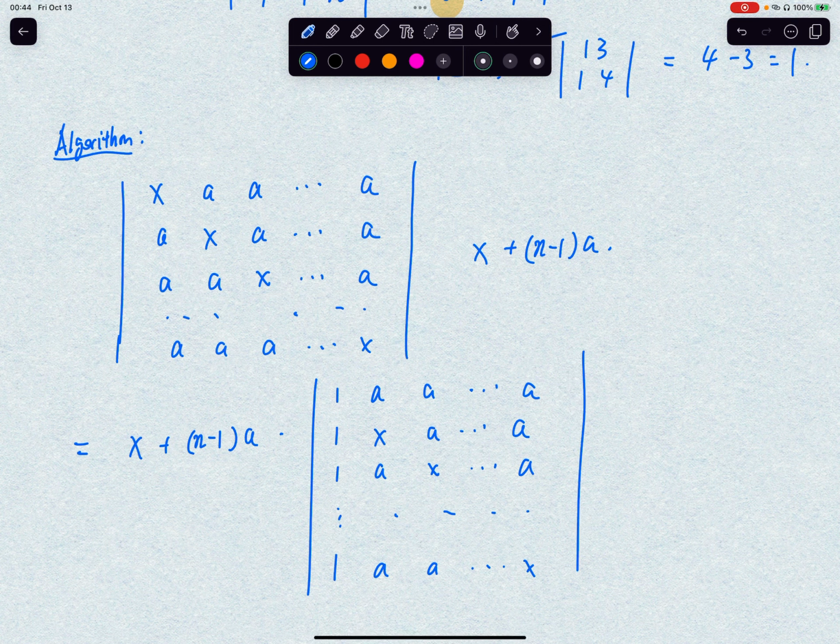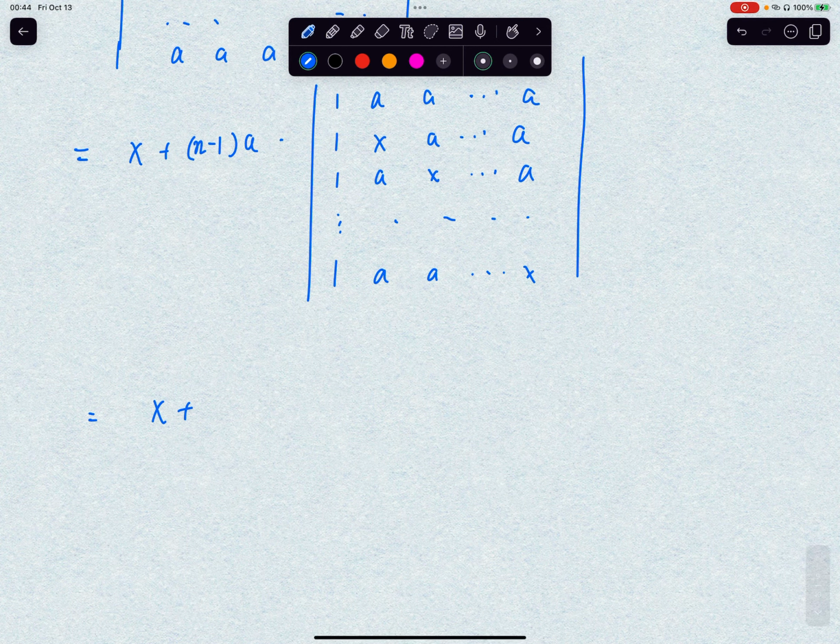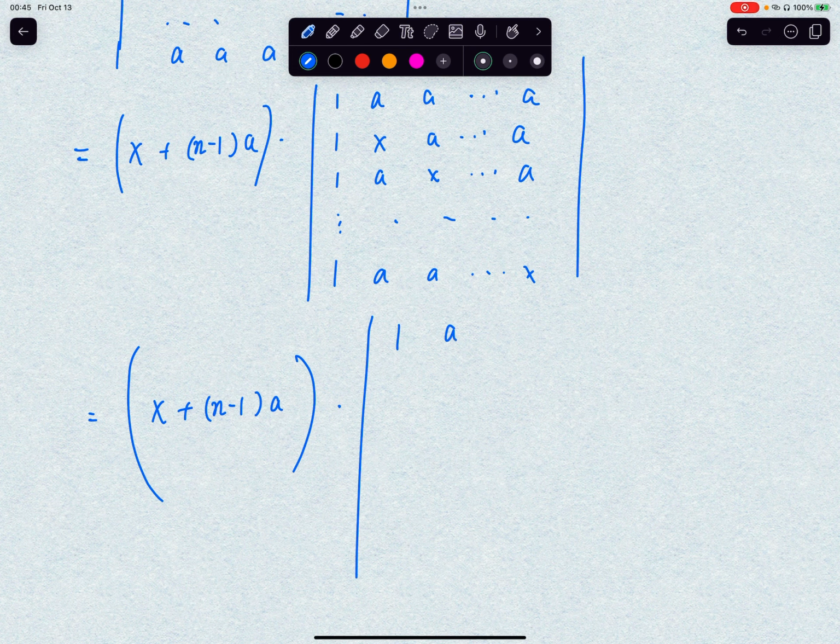Now we can multiply the first row by -1 and add it to all other rows, and this will yield us x plus (n minus 1) times a, times the matrix with first row 1, a, and then 0, x minus a, 0, 0, 0, 0, x minus a, 0, 0, 0, 0, x minus a.